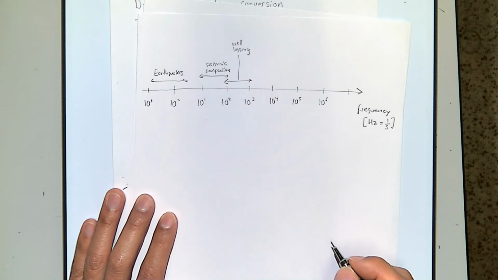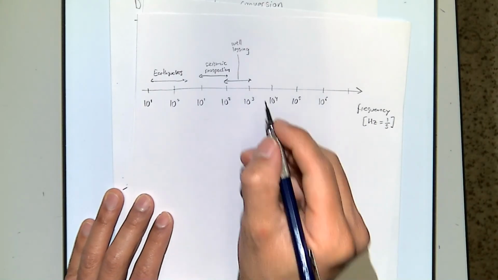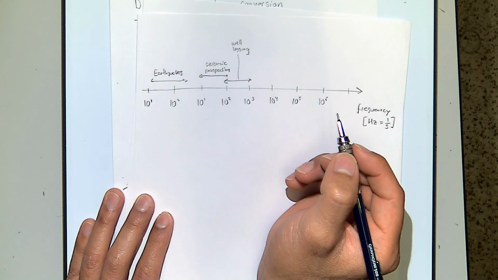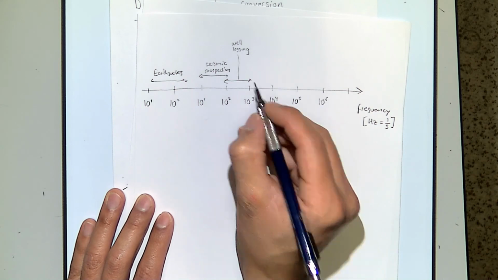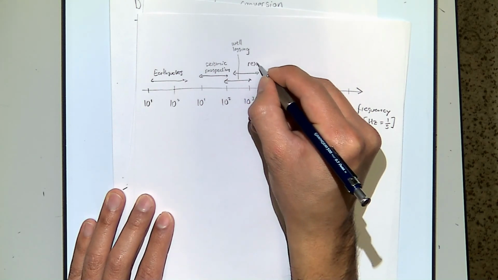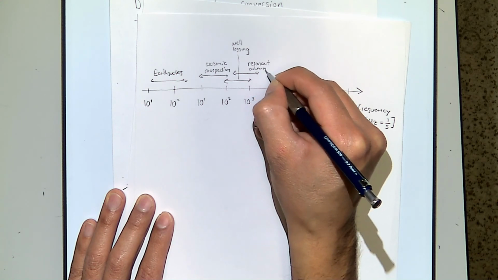For resonant columns with sand, it's less than 200 hertz. Resonant column is a very special device, a very, very smart device. And what is the highest for a resonant column? I think for rock we can go to 300 or 400 hertz. So let's put the resonant column over here. The lowest one we can go to about 30 or 40 hertz.